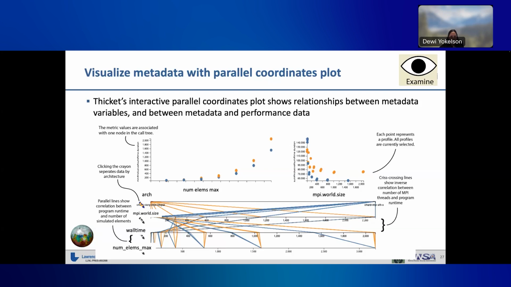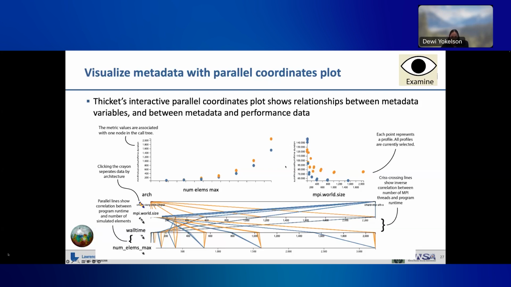On the top left here is a scatter plot showing the total runtime on the y-axis and the number of elements, or problem size, that was used. And on the right, we can see the MPI world size and the total time run there.